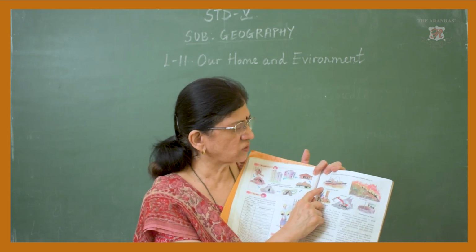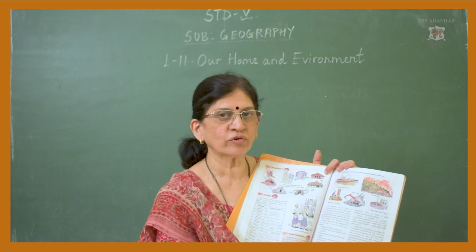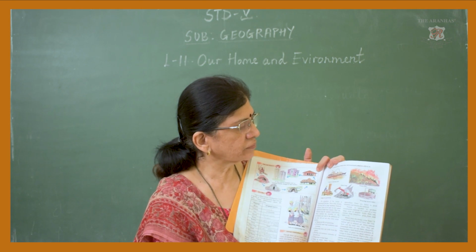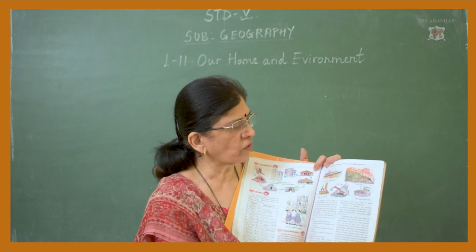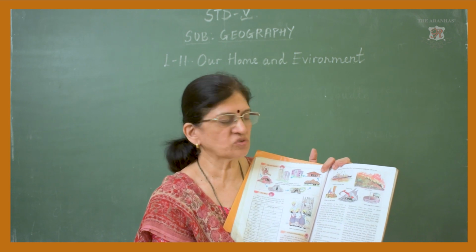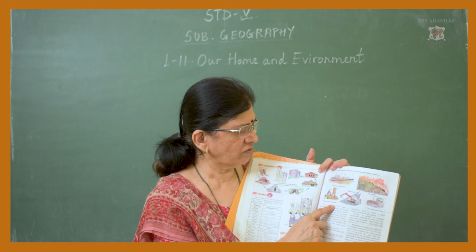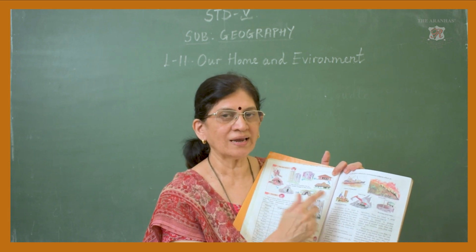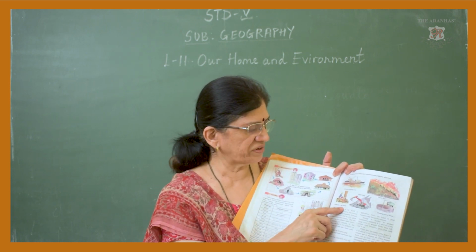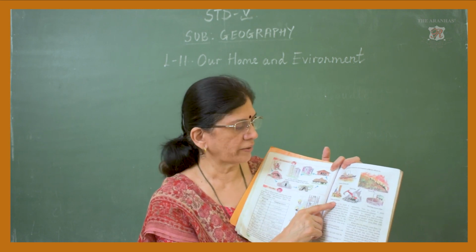In the first picture, they have shown a launch. It is extracting sand from the riverbed. Then here there are forest fires, which add to the pollution, smoke. Then felling trees and forests. To make land available, the trees in the forest are cut.